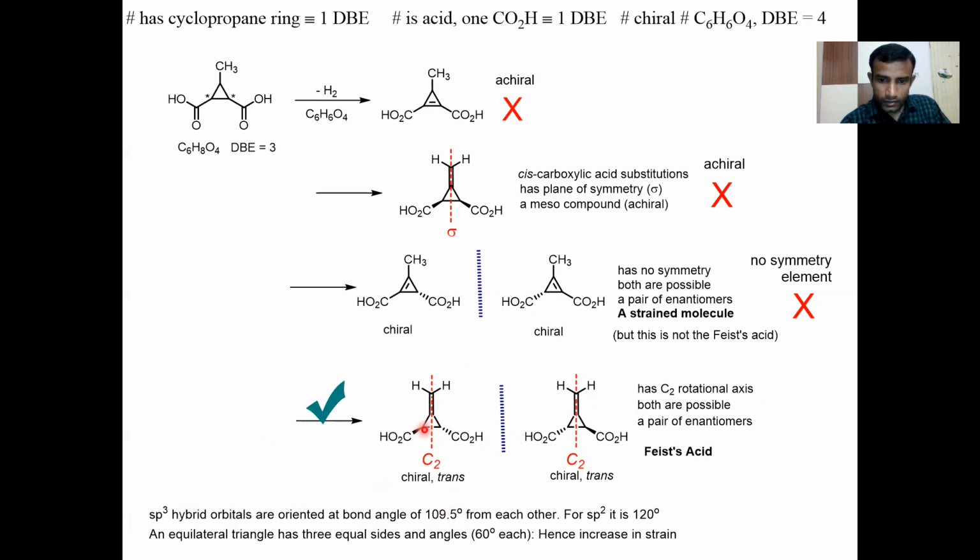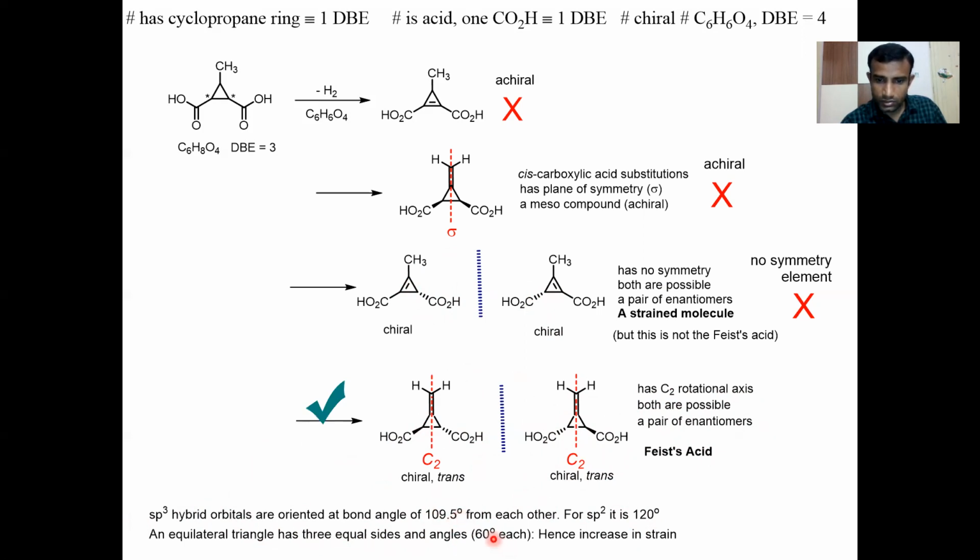And if you make it sp2 hybridized like in these two cases, ideally it should be 120 degrees. Now for the triangle, let's assume all these edges are equal. The equilateral triangle has three equal angles, and each angle will be 60 degrees.